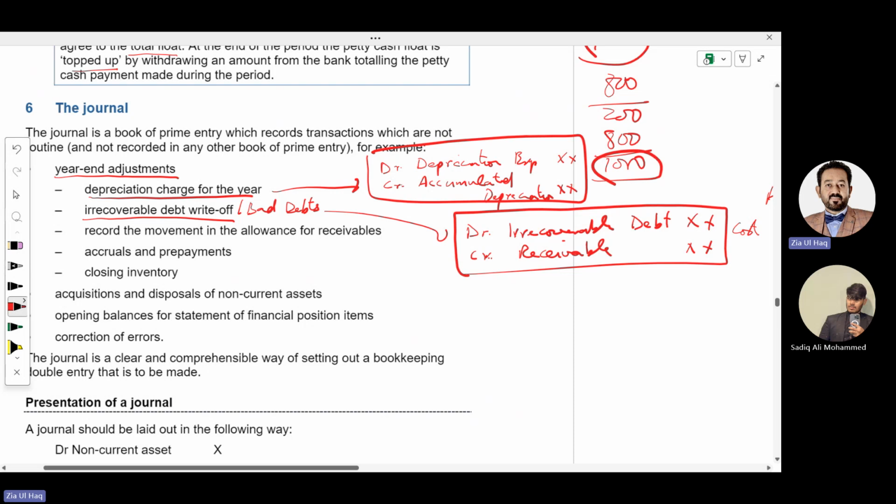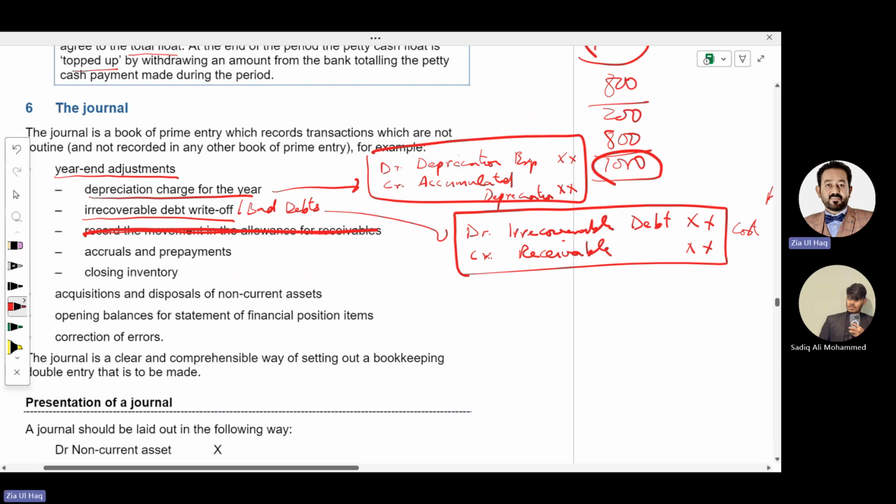So debit irrecoverable debt, credit receivable. Recording the movement in allowance for receivable, leave it for now, because we will study a complete chapter on bad debts. So we will cover this over there.